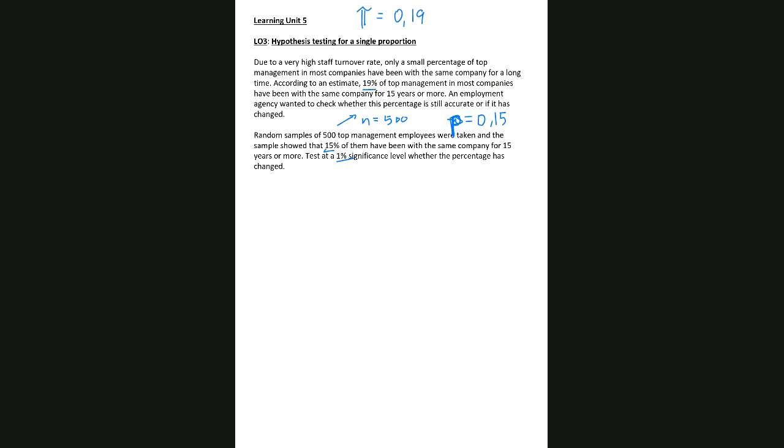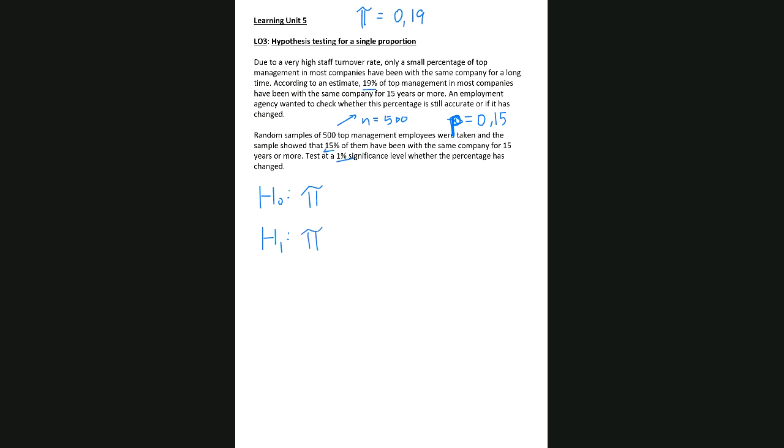So the first thing we're going to do is write out our null and alternate hypotheses. And again here, since we're working with proportions, the symbols we use in the null and alternate hypotheses are those of the population. So the population proportion symbol is pi.